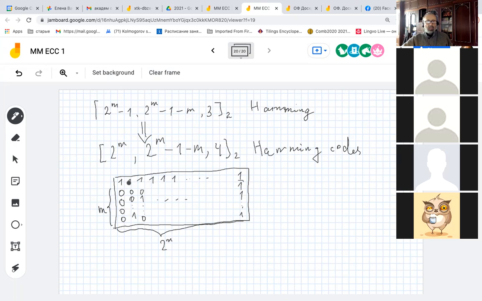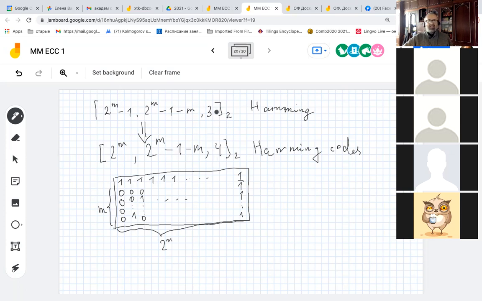So if 2 code words from the previous code were at distance exactly 3, then the number of ones in them was different, and so the first bit in those 2 code words will be different, and so they will have an additional position where their bits differ, and so instead of 3, we obtain 4 positions where the code words differ.